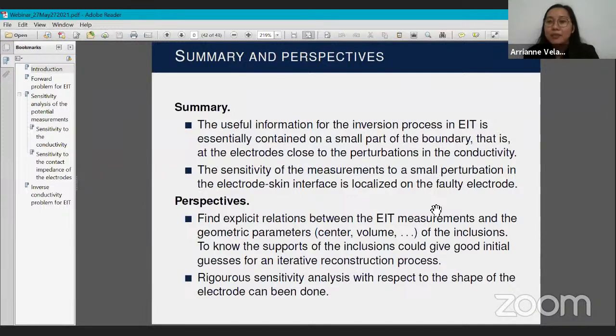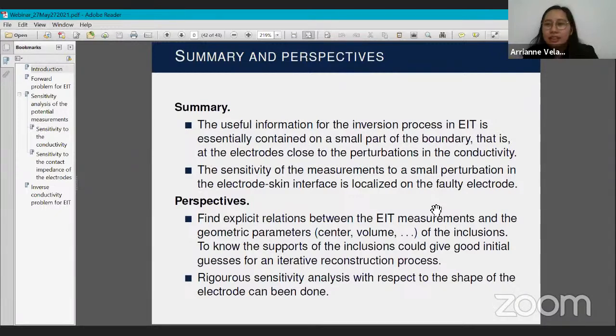That's why we had the head model earlier, because we wanted to focus on the most useful information that we will get to do the inversion, to make the reconstruction easier. To do the EIT reconstruction.